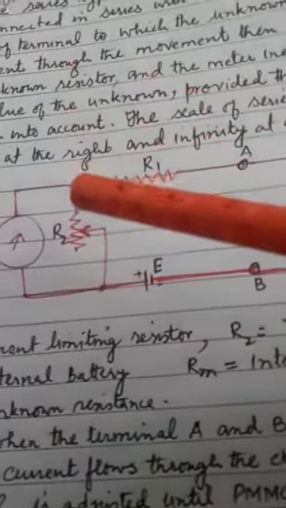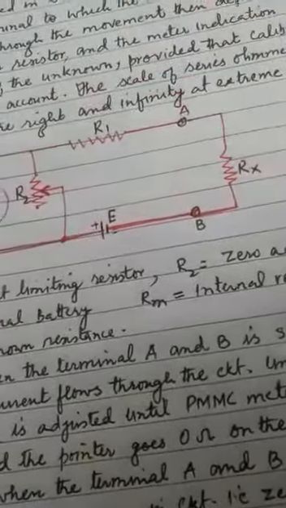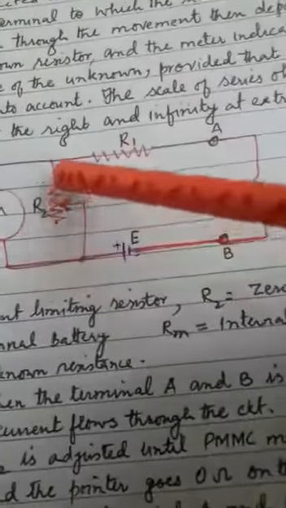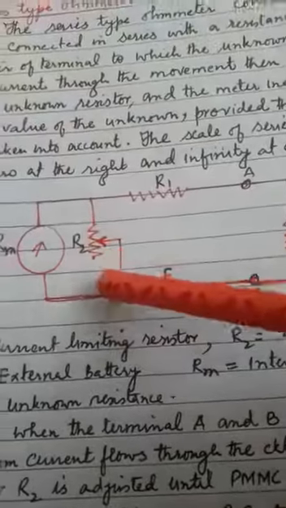R2 is the zero adjustment resistor, whose resistance is adjusted from time to time.